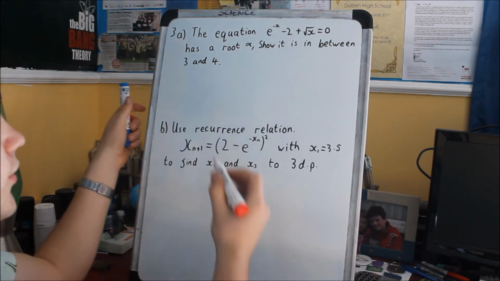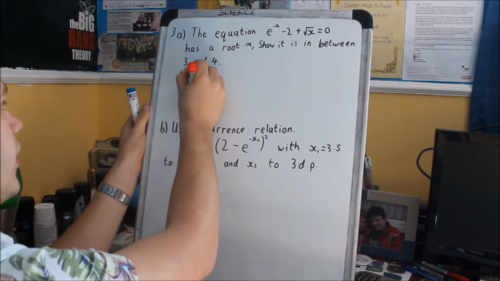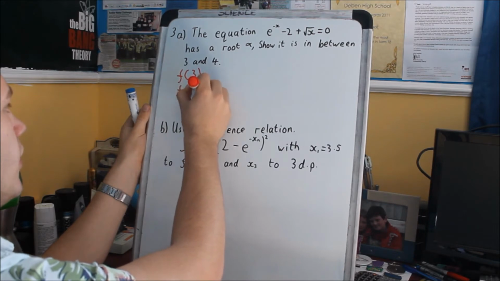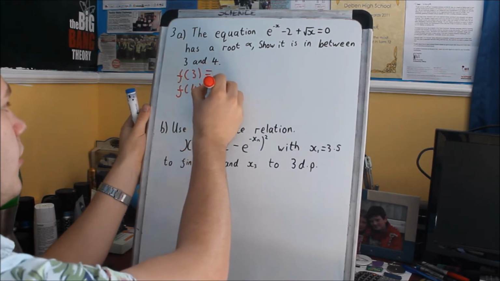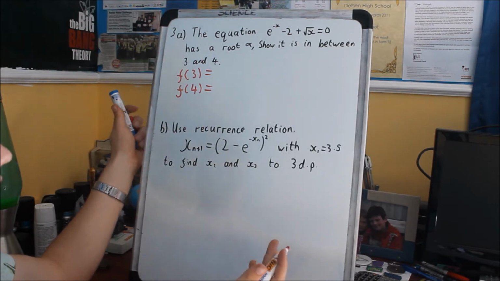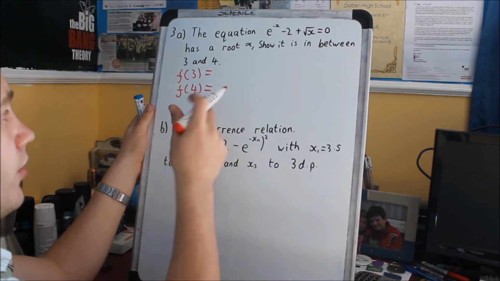You evaluate it like a function for both the points. So we do f of 3 and then f of 4. And we know what we should find. If you've done enough past papers, you should find that it goes from negative to positive. So we just change all the x values for 3 and then all the x values for 4.